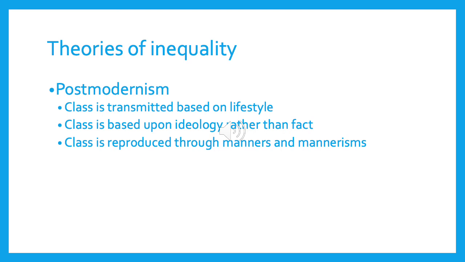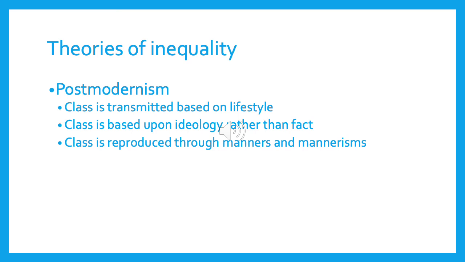Of course, it's much more common to see people doing the opposite, right? To see people trying to borrow money to act as if they belong to a class they don't belong to, a higher class than they belong to. But that too is based upon ideas of what class means rather than the actual fact of having achieved a certain status.